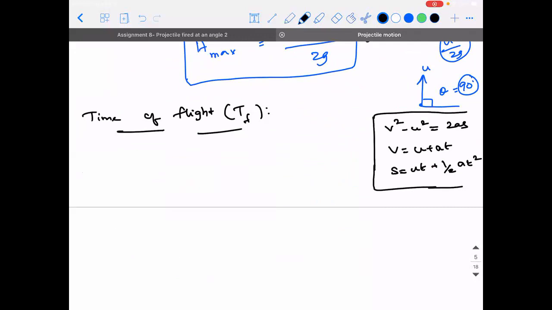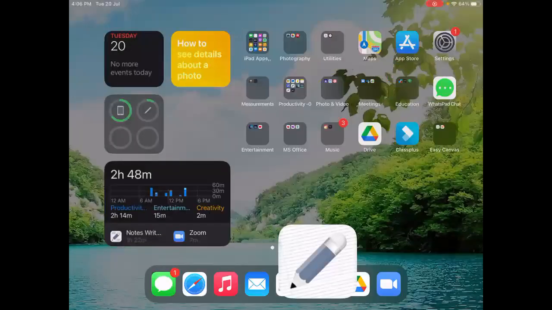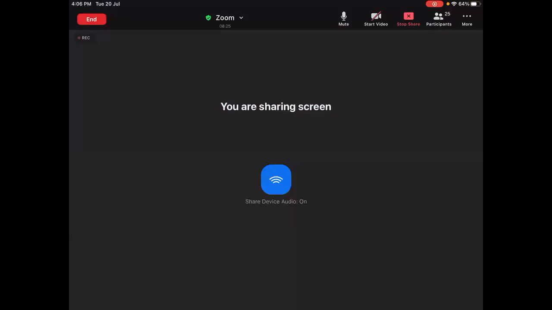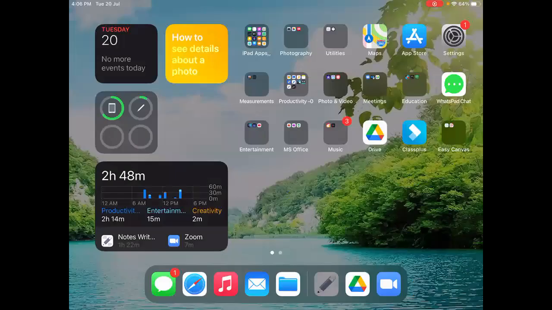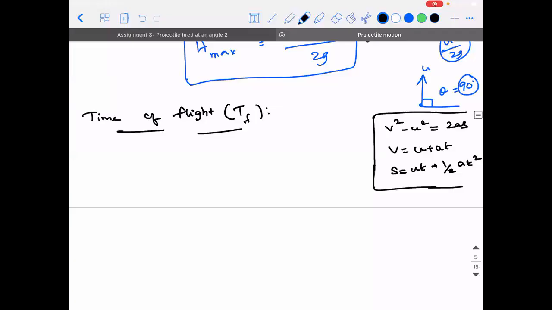At least try, guys. Third is right only, but think of the fact: why can't we apply the second? Try at least. Why is no one speaking, first of all? Sir, we don't know the final velocity. That's right. Be confident, that's right. Because we don't know the final velocity with which it is hitting the ground.